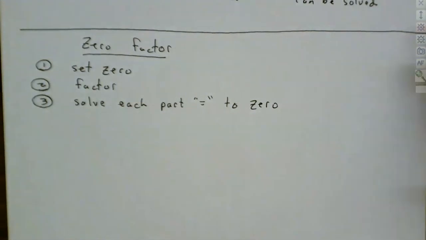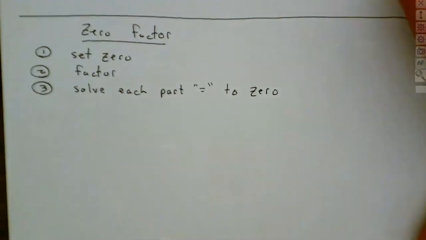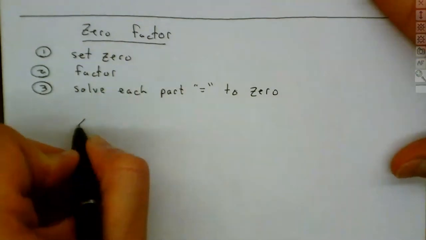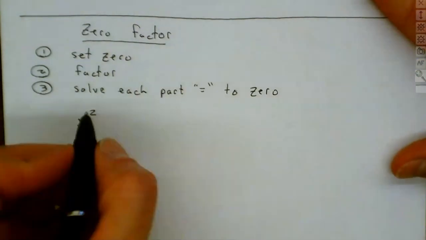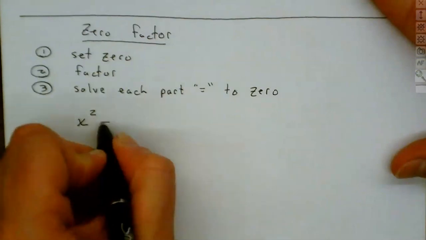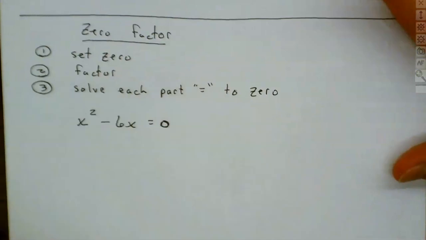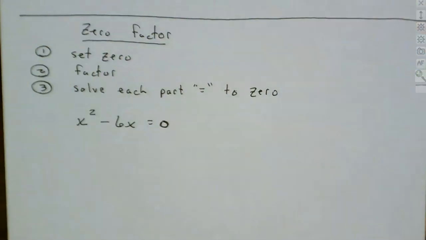We're going to start off with a very, very easy one. And this one's already going to be set to 0. So let's look at x squared minus 6x equals 0. Now, when we solve these, we look at the highest power.